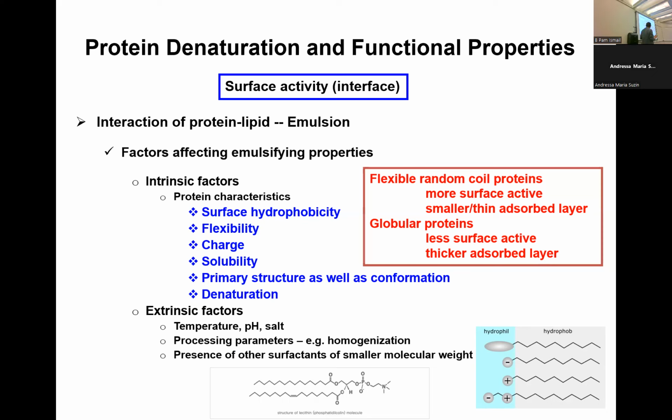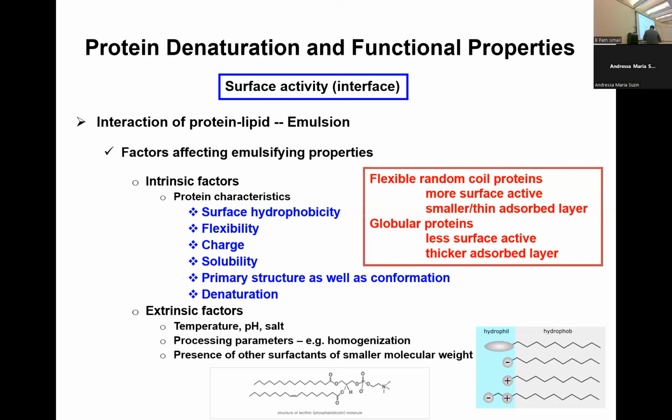So you don't want a lot of repulsion. But also, a pH close to the isoelectric point is not good either, because then you don't have enough charges, you have a lot of protein-protein interactions, and you have aggregation rather than the balanced formation of the film around the oil droplets.